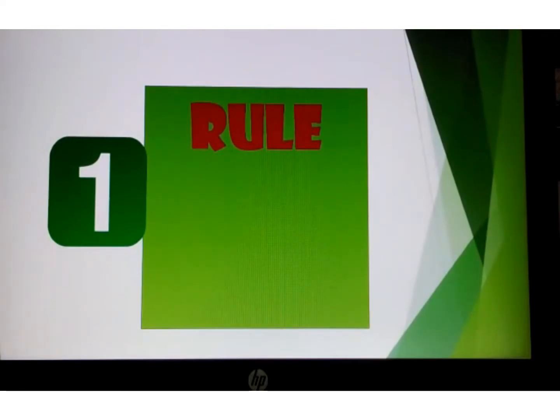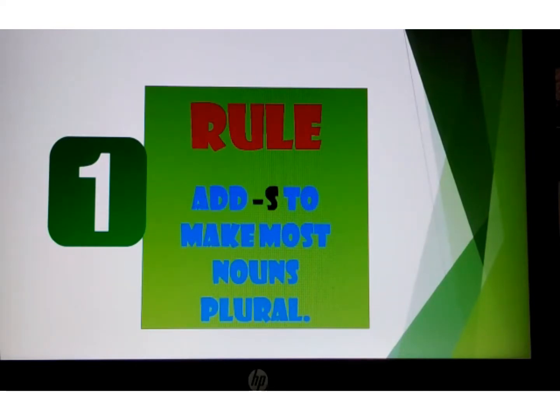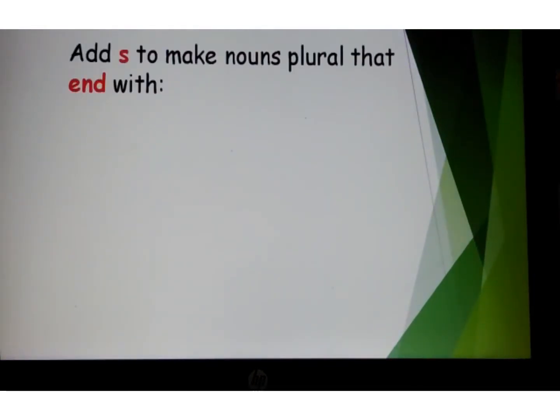Now there are certain rules. You cannot add S to every singular number and make it plural. Now what are the rules? First rule says just simply add S to any noun to make it plural. So how can you make any noun plural?